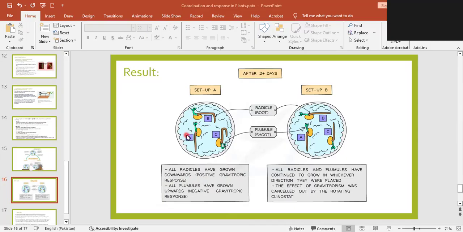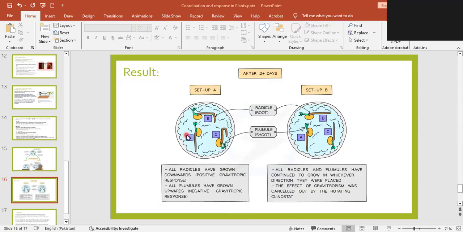You need to remember, in the darkness, the plant will always grow straight up. There will be no bending. Bending will only occur if there is a direction of light. If the sunlight is falling on the tip of the plant, it will grow upward. If there is no light present, it will grow upward.